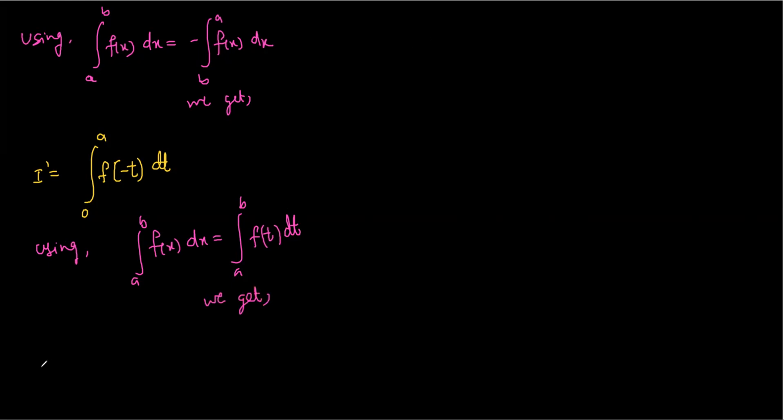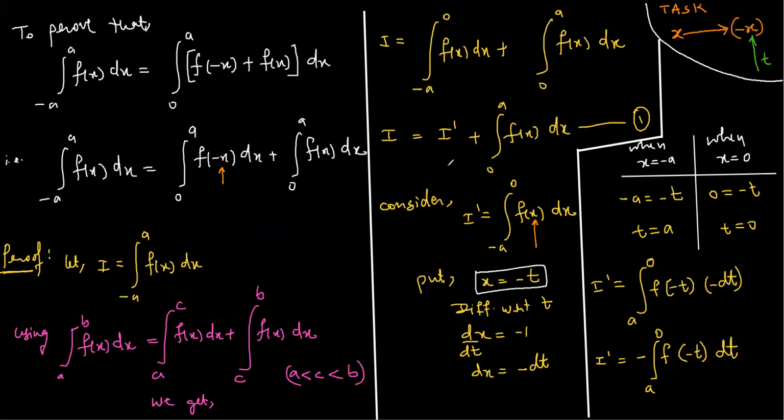We get here I dash equals to, it is 0 to a f of (a minus t) dt, it will become 0 to a f of minus x dx. Okay, and this I use in 1. Here I use in place of I dash what I got.